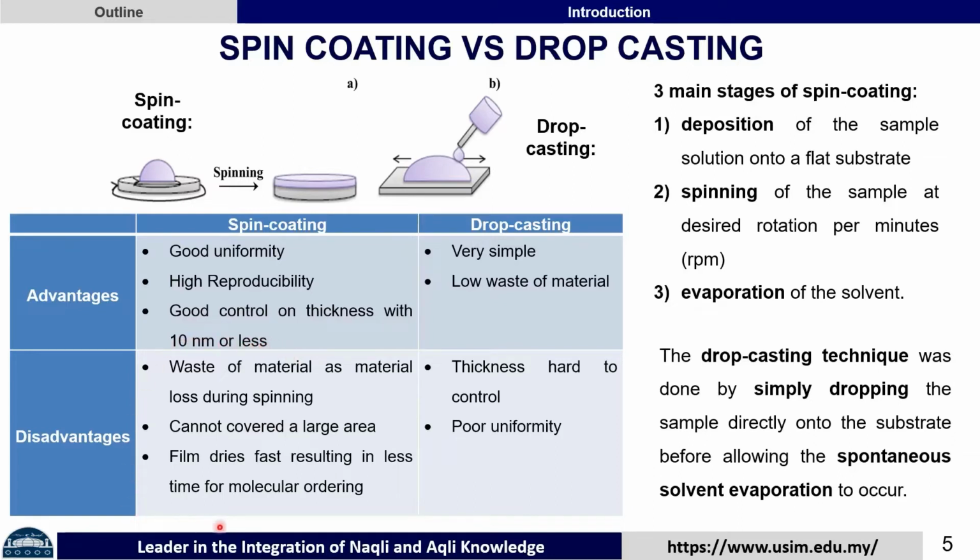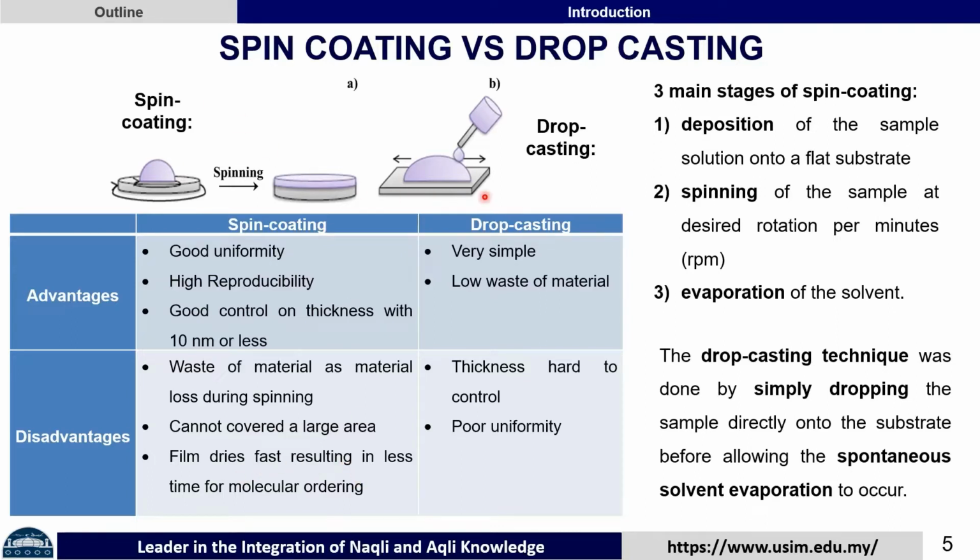However, spin coating also usually involves a waste of material as material is lost during the spinning. In addition, spin coating cannot cover a large area, and the film dries fast, resulting in less time for the molecular ordering.